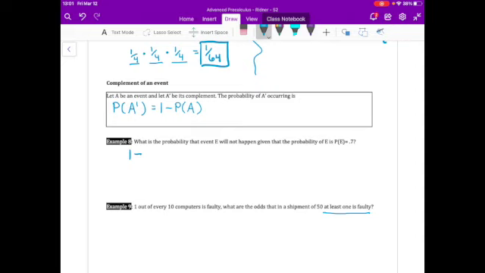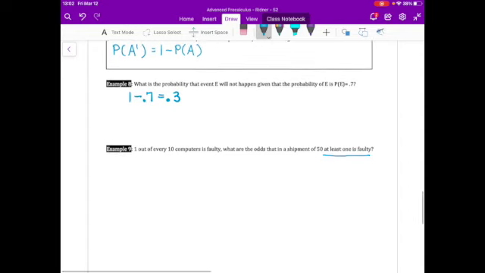Well, 100% is 1 minus 0.7, which is 70%, is 0.3, because the two together have to add up to be 100% or the number 1. Okay. The most common spot to use this with is whenever you have probability that says at least.